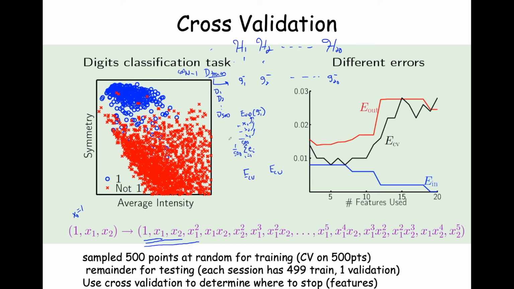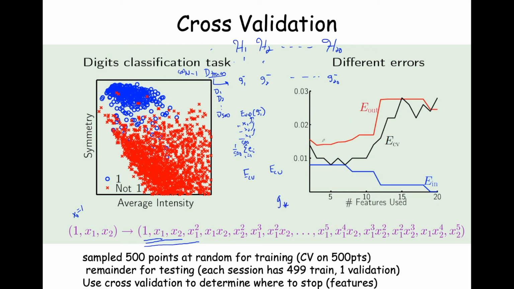Okay, so if we do that, we take a look at the blue curve, that's your in-sample error. We take a look at the black curve, that's your cross-validation error. And then you also can take a test set that you set aside and compute out-of-sample error. And this out-of-sample error is on the final one, G star, right?